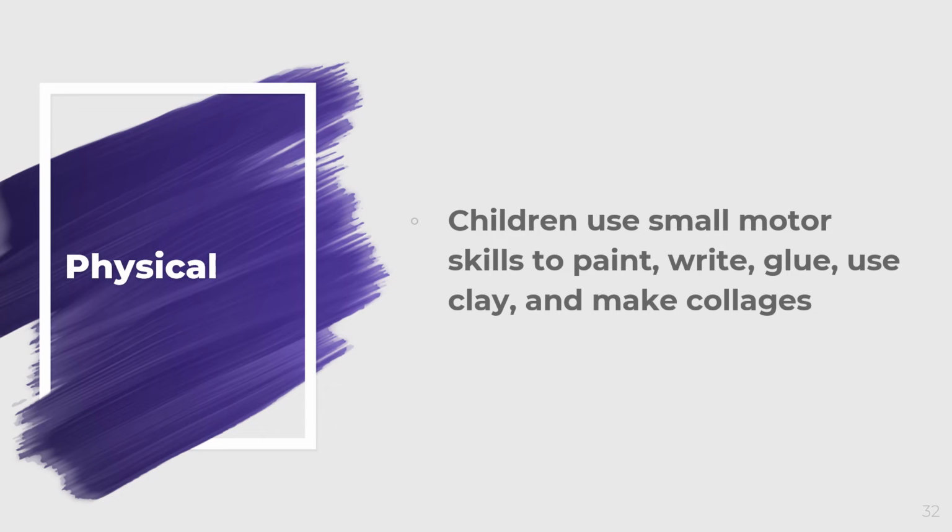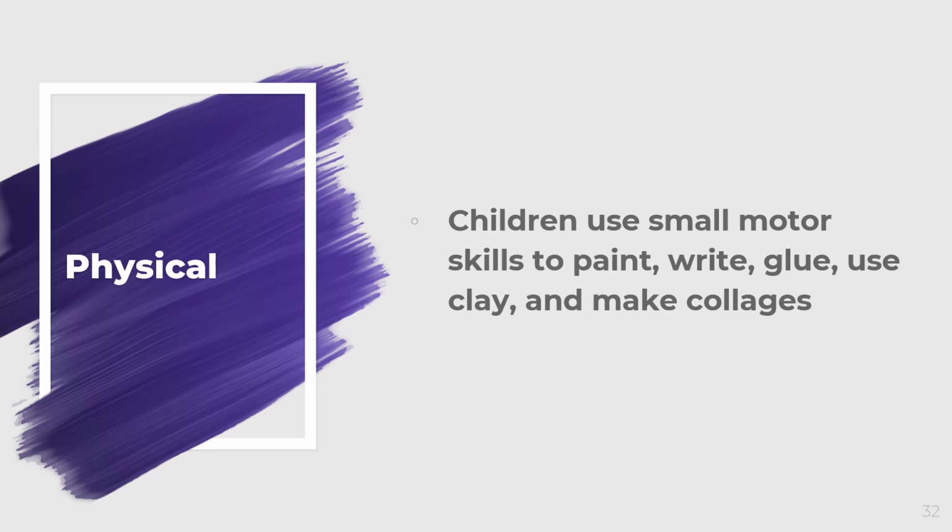Physical. Children use their small muscle skills to paint, write, glue, use clay, and make collages. Our fine muscle skills are the skills that are involved in our hands, in our fingers, and using our fingers together, in grasping something, in holding something, in pressing something. So when children do process-oriented art activities, they're able to use paintbrushes and pencils and markers and all sorts of different things that help them to develop their fine muscle skills.